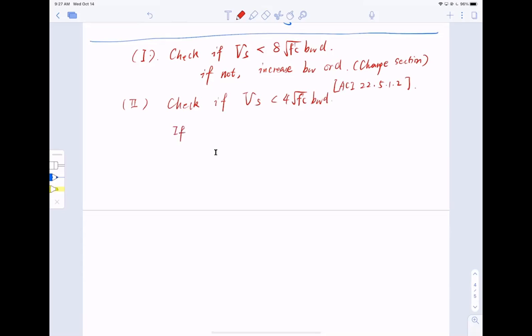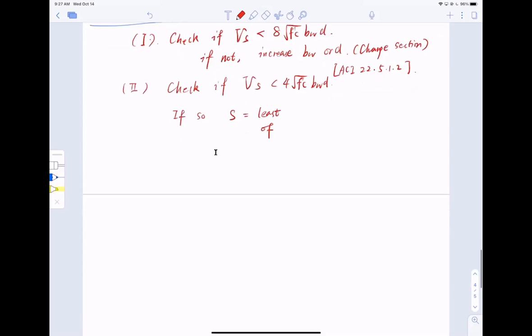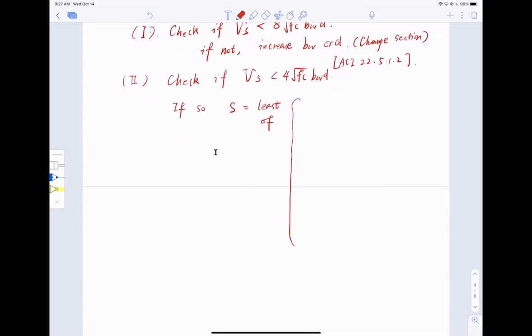If so, if it is smaller than that, spacing needs to be equal to the least of the following. s required, remember how we calculate that? s required equals Av fyt divided by Vu divided by phi minus Vc, and multiplied by the depth d. So that's the calculated spacing required.